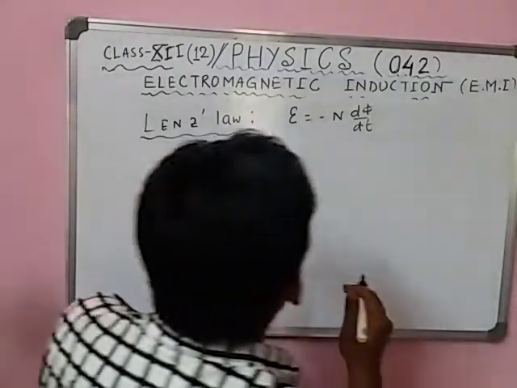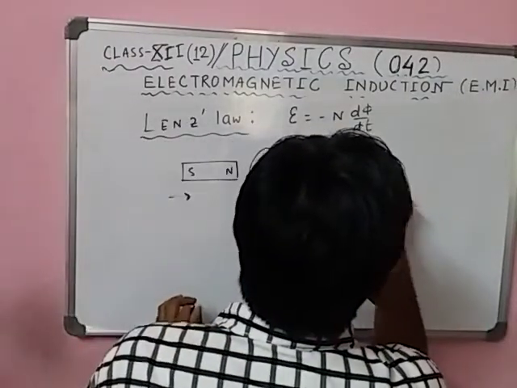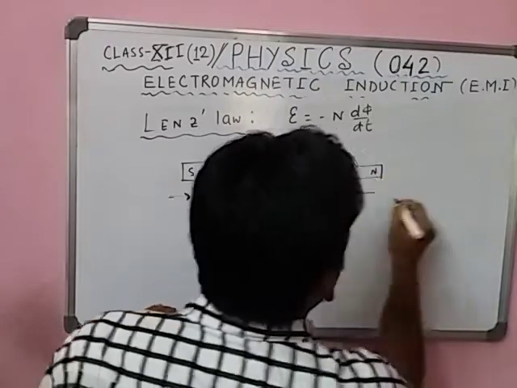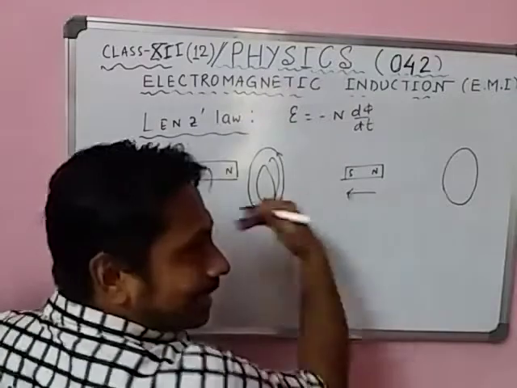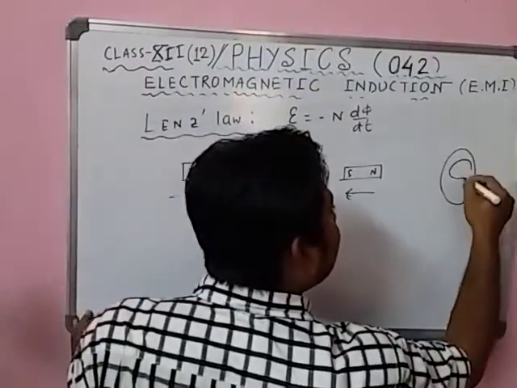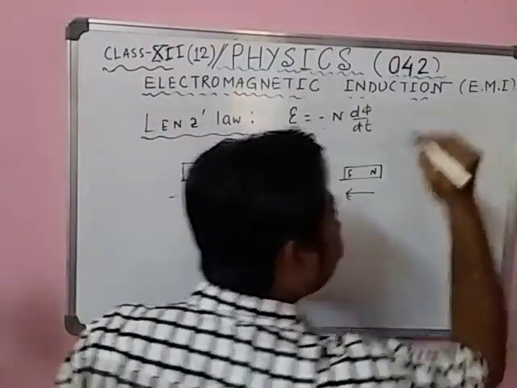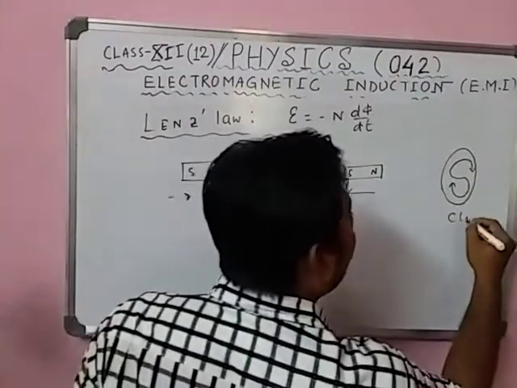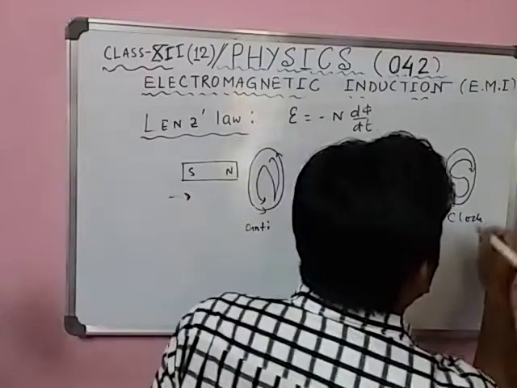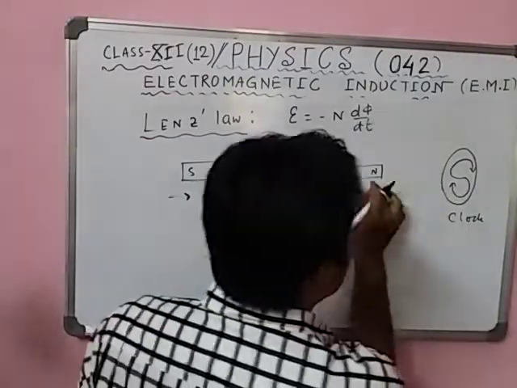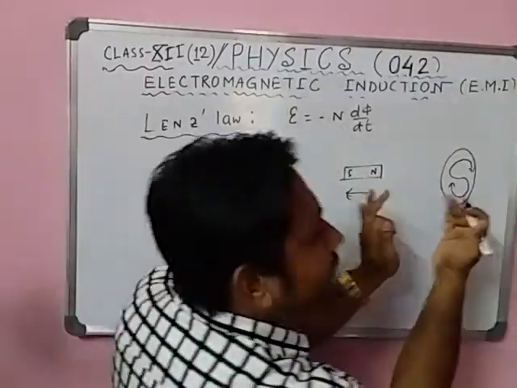Next, if the bar magnet goes away from the coil, then what happens? If it goes in this direction, then a south pole is produced. South pole means clockwise; this was anti-clockwise, this is clockwise direction. So in that case, north and south attract each other.